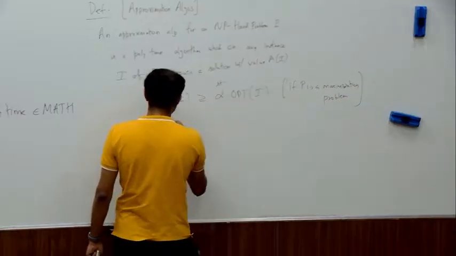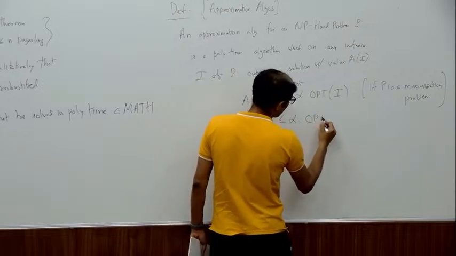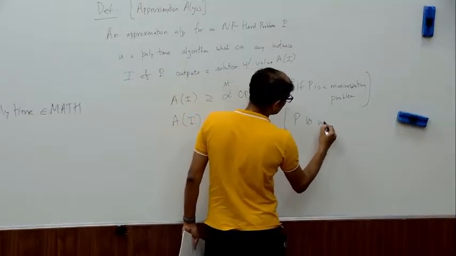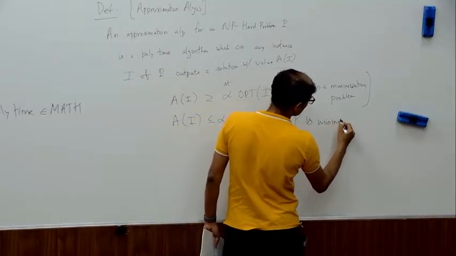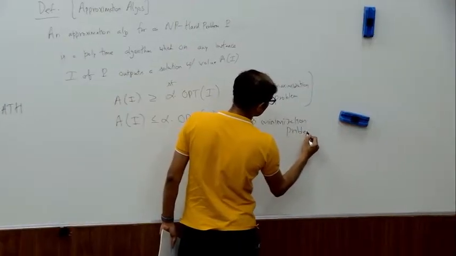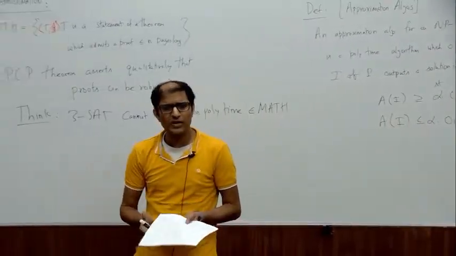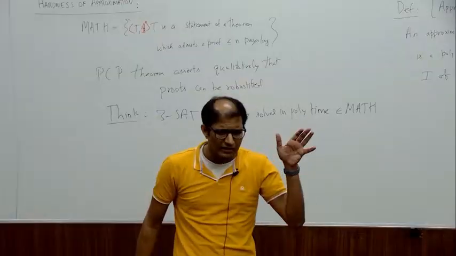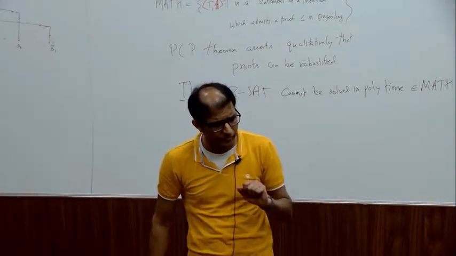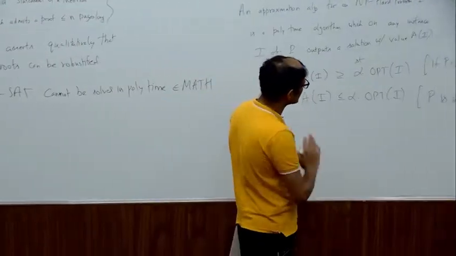For minimization problems, you would say that A(I) should be at most alpha times OPT(I). And of course here I'm allowing alpha to depend on the instance size, so you should think of alpha as potentially a function of n. It could be a constant but does not have to be. So that's what I mean when I say approximation algorithms.